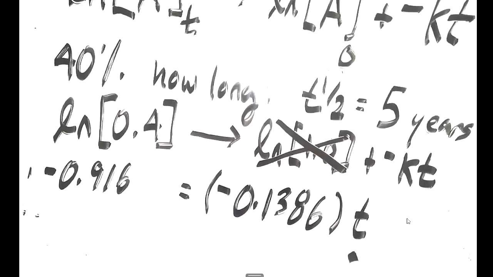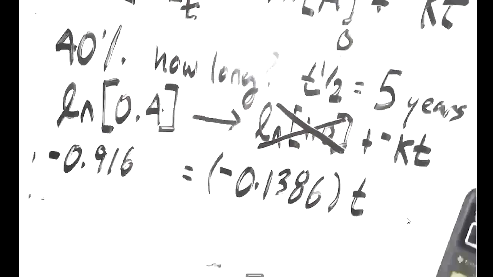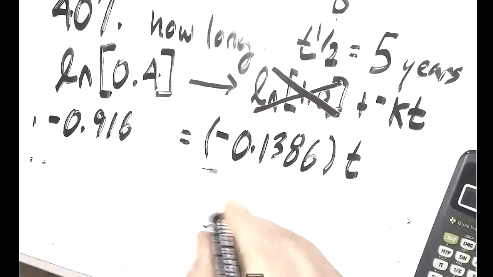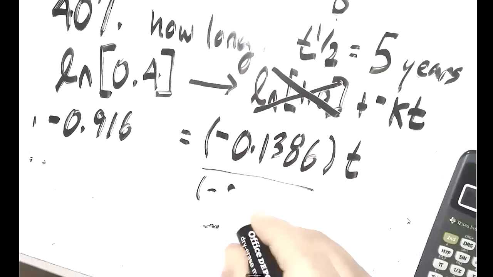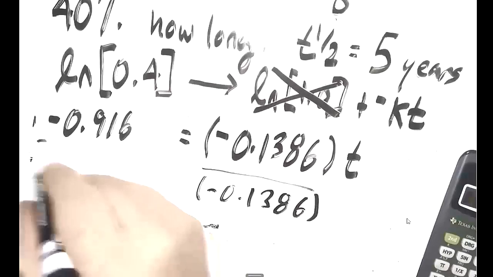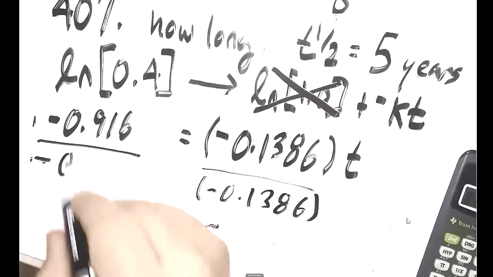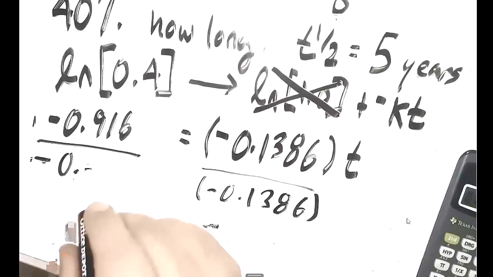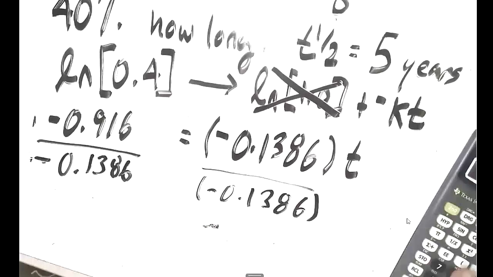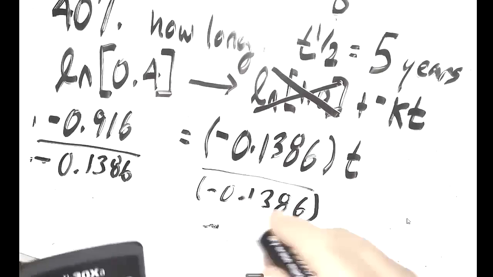Well, what I want to do is solve for t. So, of course, the way to do that is to divide both sides by negative 0.1386. Notice that when we do this, the two negative signs will cancel out. Now this just becomes math.